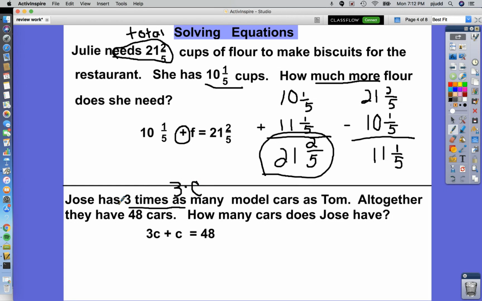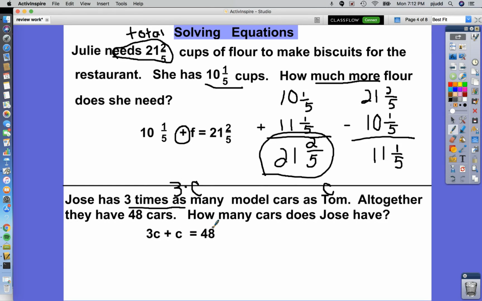That's how many cars Jose has. 3 times the number of cars as Tom. That means Tom has C cars. I don't know how many he has, but I do know that altogether they have 48 cars. So my equation is 3C plus C equals 48.